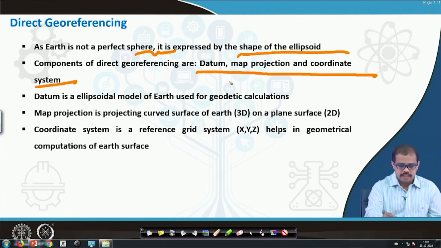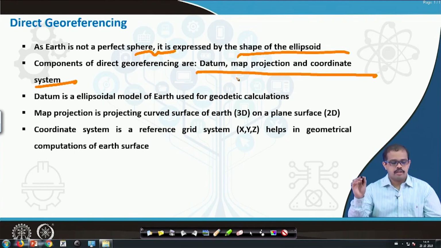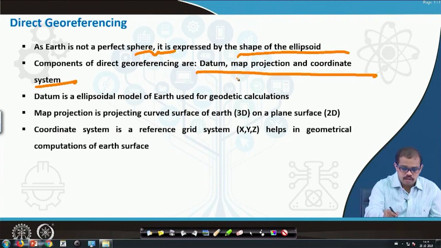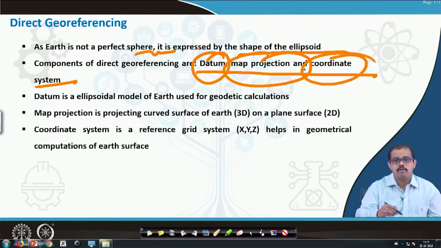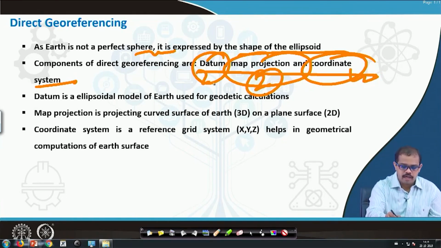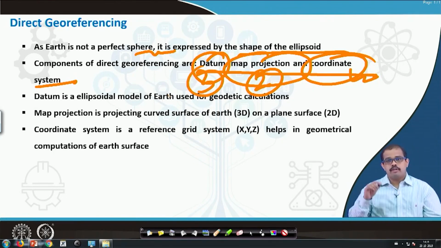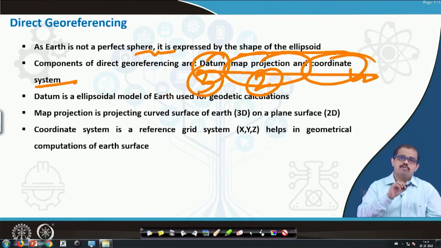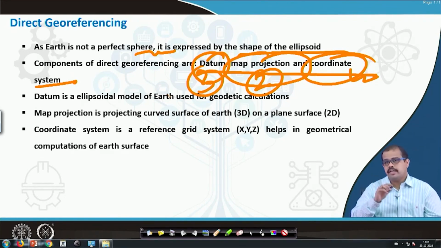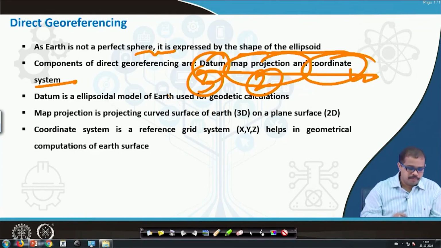You have datum, you have map projections, and you have coordinate systems. So, looking at all of these three things is extremely important when you are looking at any of the maps. Okay, what coordinate system this particular map is, what is the projection of a map, and what is the datum of a map. So, if you understand these three things, then you will be able to successfully read a map and look at a map's details in much better way.